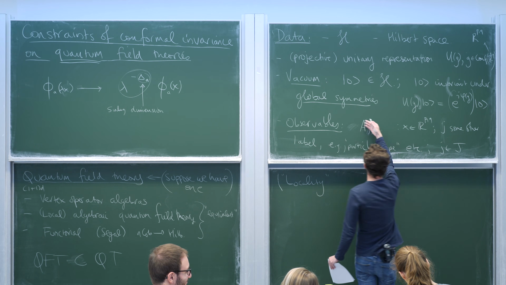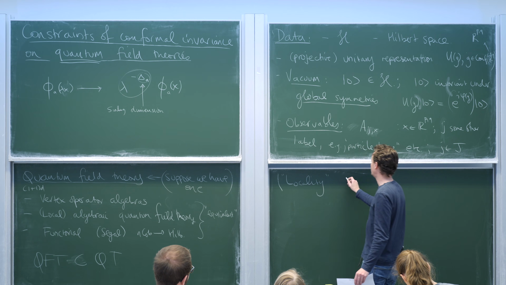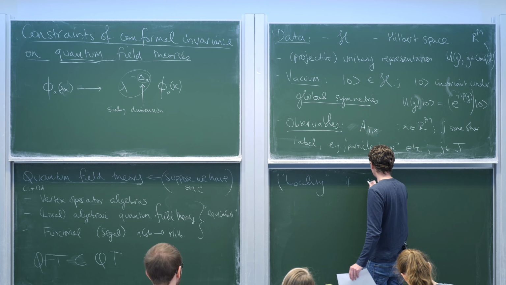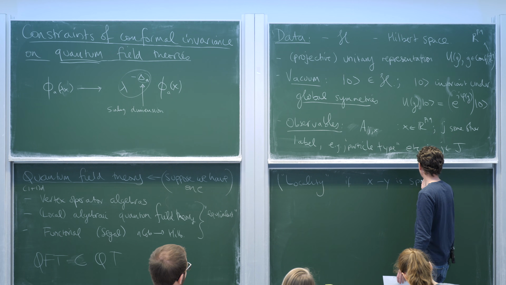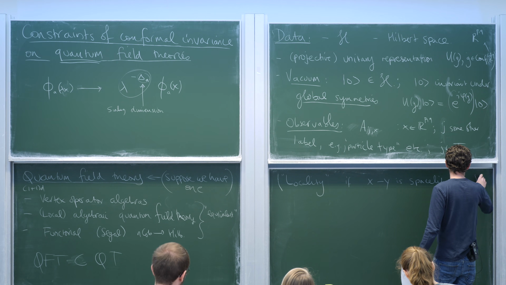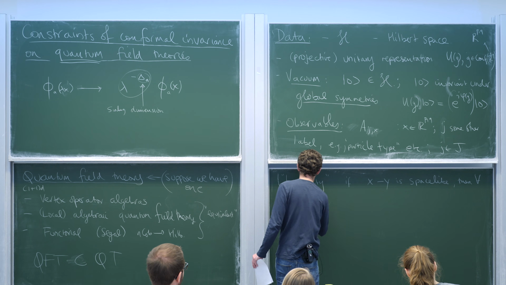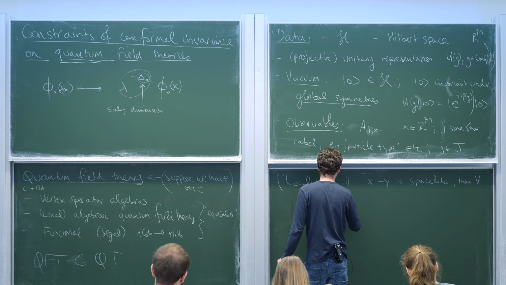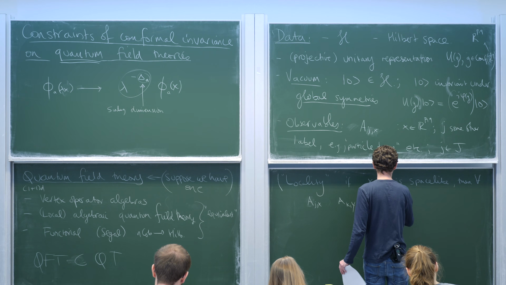These could be hugely extended objects. What makes them local is that if the invariant interval x minus y is space-like, then for all j, x, and k, y, A_{j,x} and A_{k,y} are jointly measurable.